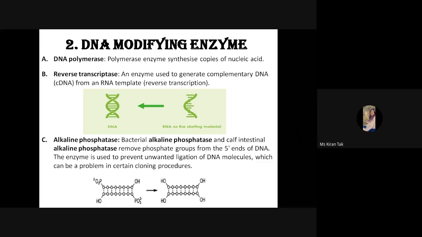The next is alkaline phosphatase. There are two alkaline phosphatases that can be used: bacterial alkaline phosphatase and calf intestinal alkaline phosphatase.